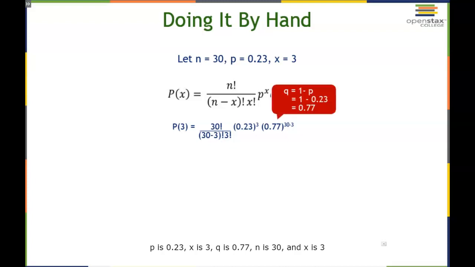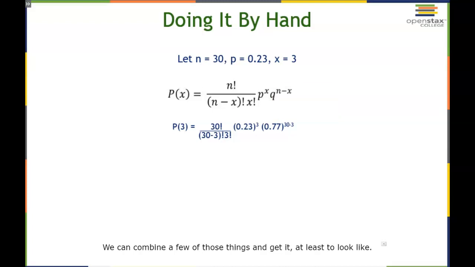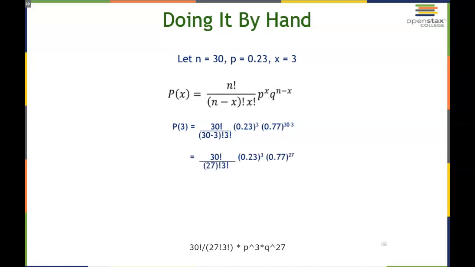Q is 0.77. N is 30. X is 3. We can combine a few of those things and get it at least to look like 30 factorial over 27 factorial times 3 factorial times 0.23 to the third and 0.77 to the 27th.